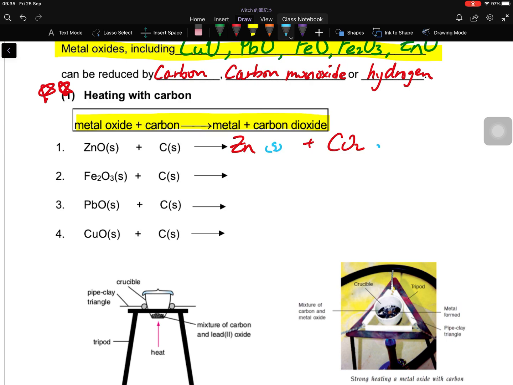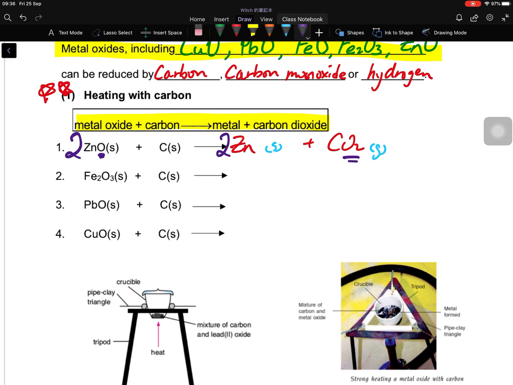Zinc is a solid and CO2 is a gas, but now you try to balance the equation. For the oxygen, we have 2 oxygen on the right hand side, so we need 2 zinc oxide on the left hand side, right? Then as we have 2 zinc oxide on the left hand side, we have 2 zinc metal on the right hand side.